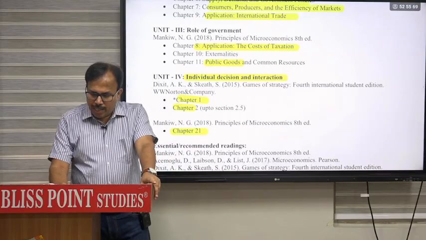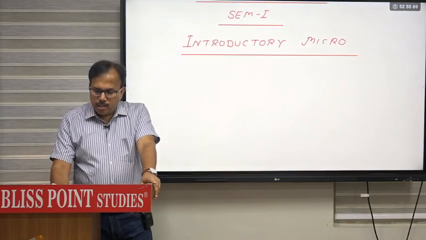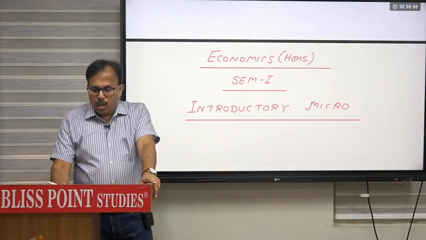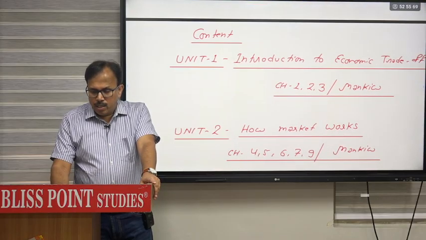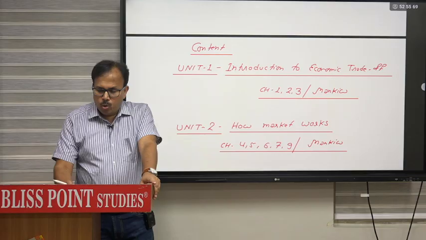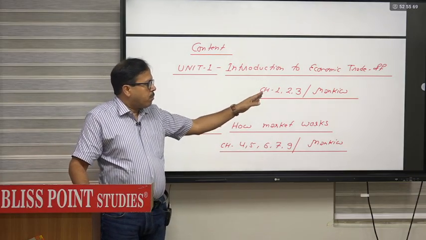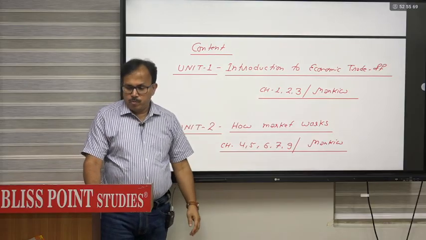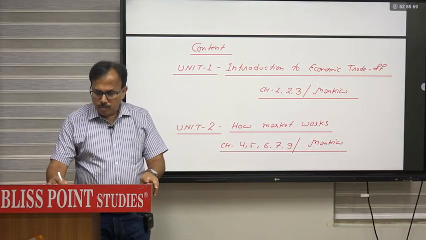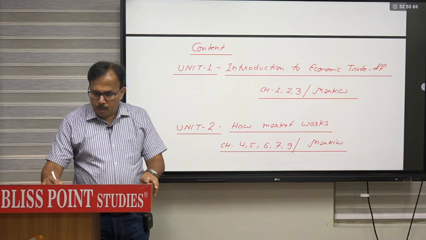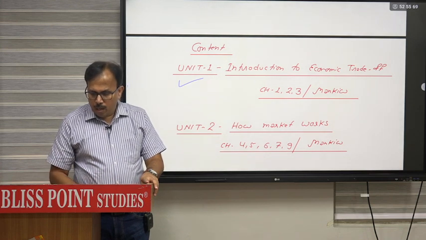So you can just write down the content for semester 1. If you want to write it, just write: first unit is Introduction to Economic Trade-off, chapter number 1, 2 and 3 from Mankiw.